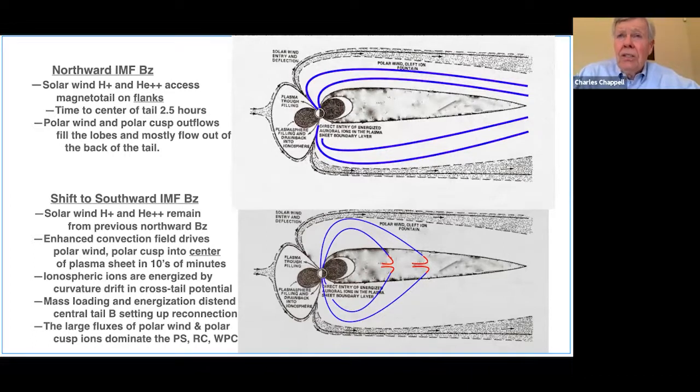But the reconnection itself is a different part of the process and less of what I'm talking about. Am I making sense? So this process sets up the plasma sheet, loaded with plasma, stretched magnetic fields, the kinds of things that you would expect would give you reconnection. But when it actually triggers the reconnection, that's the reconnection process taking place in this new environment that's been set up.